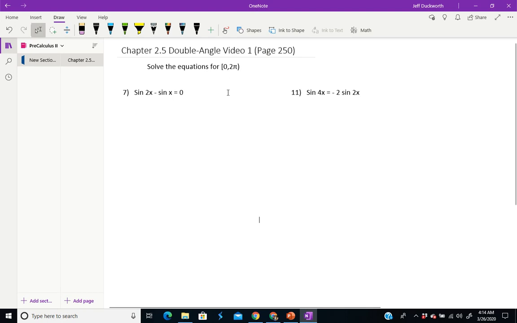So sine of 2x can be rewritten as 2 sine of x cosine of x. That's what our first bit can be written as here. This guy here can be written as 2 sine of x times cosine of x. So we bring down the rest of it.